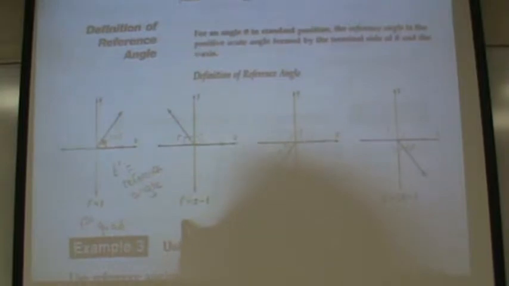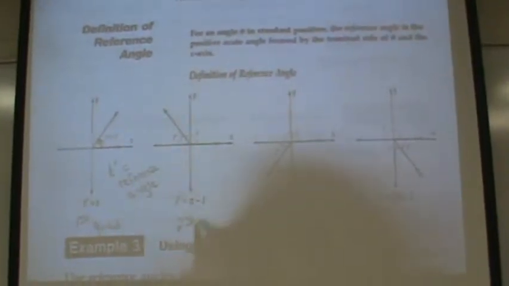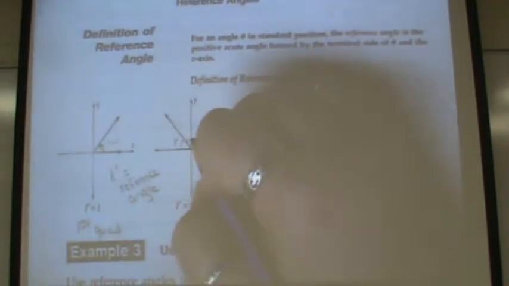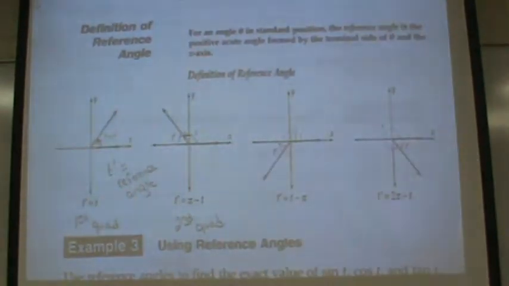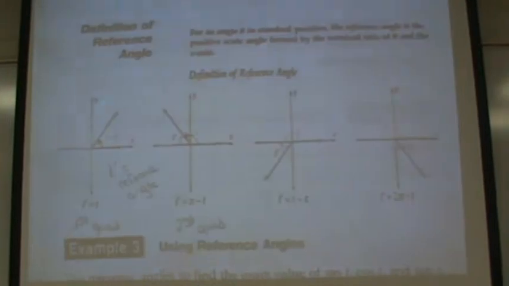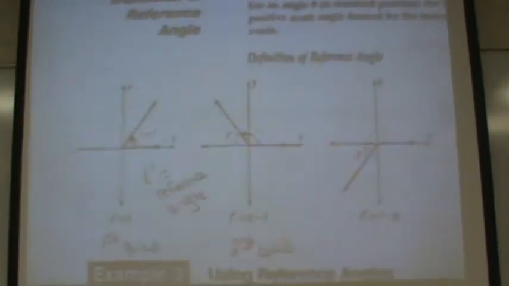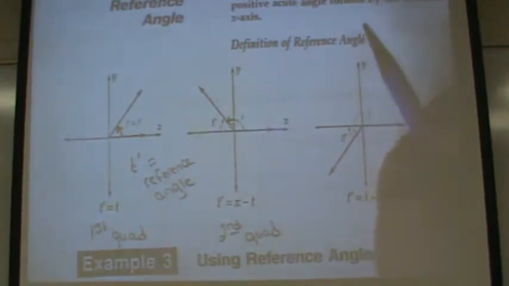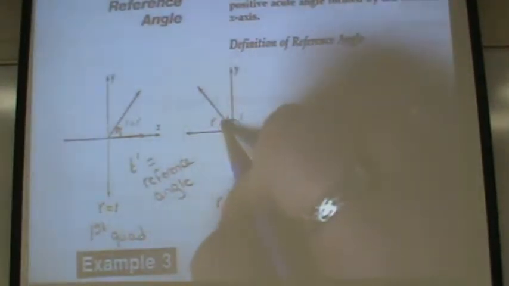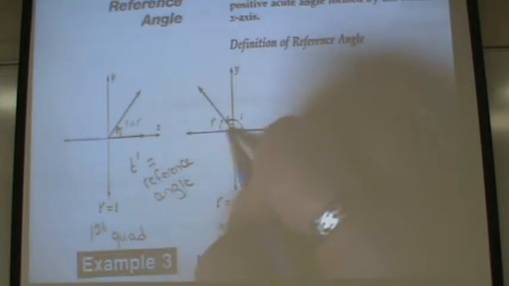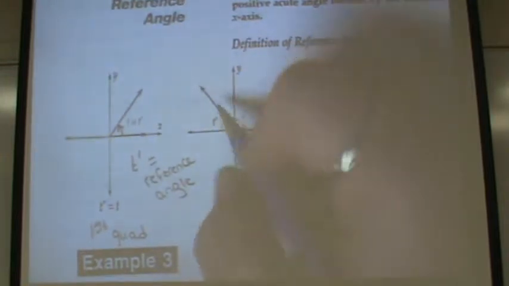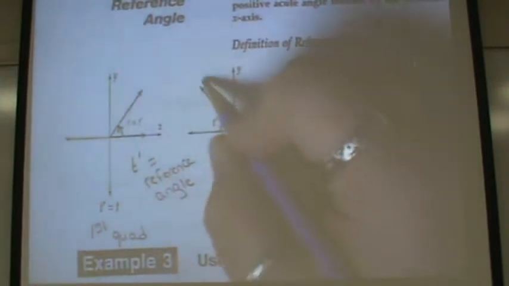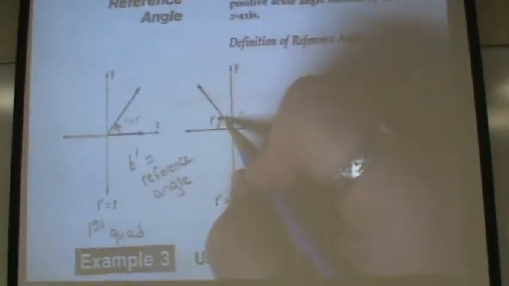If we look at a second quadrant example, say we have an angle T right there that goes into the second quadrant. We want to form our reference angle, which is going to be acute. So we're going to take from the x-axis and we're going to go up to our other angle, so this is our terminal side of the angle.